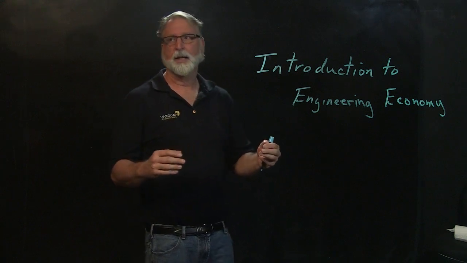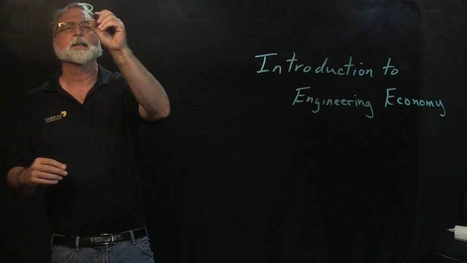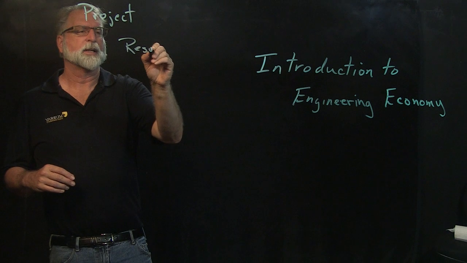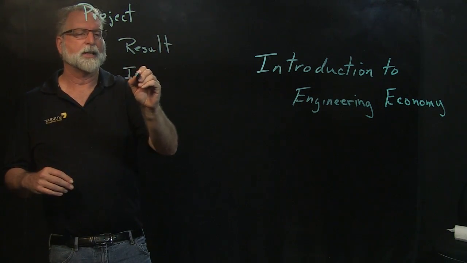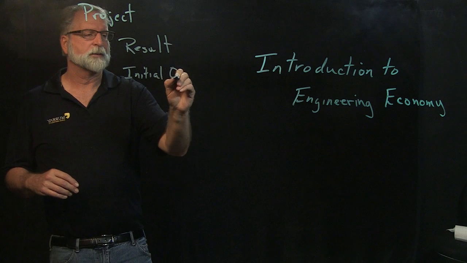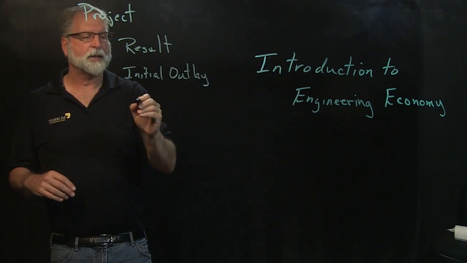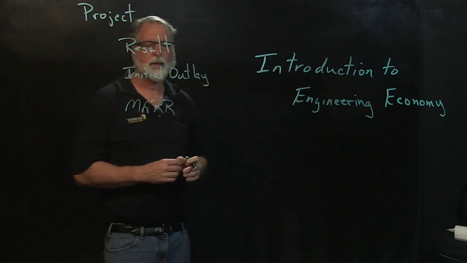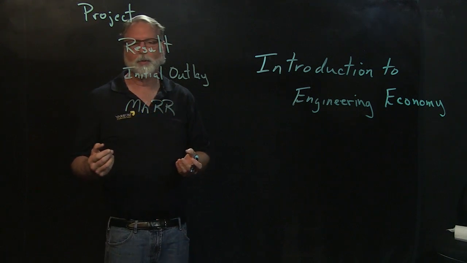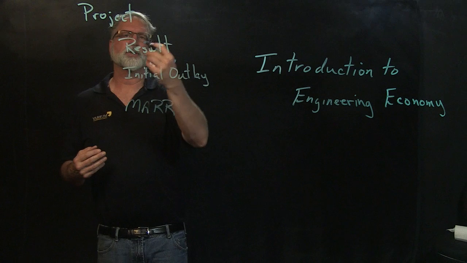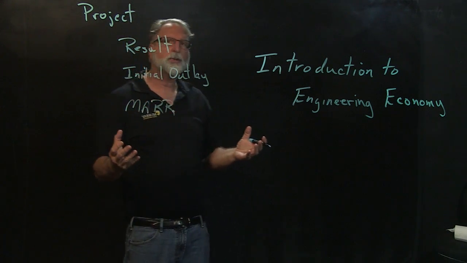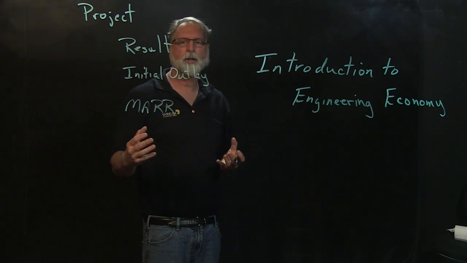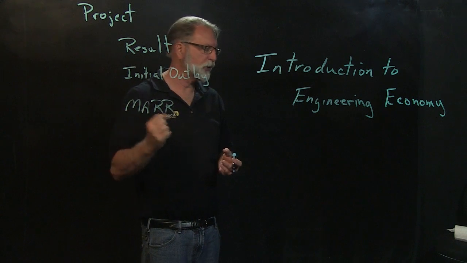We're able to look at if we have a project and it has an end result and we have an initial outlay, and we have what's going to be called a MARR, which has to do with our minimum acceptable rate of return. Does it make sense to do this single project? And so we'll spend quite an amount of time making sure that these concepts are understood.